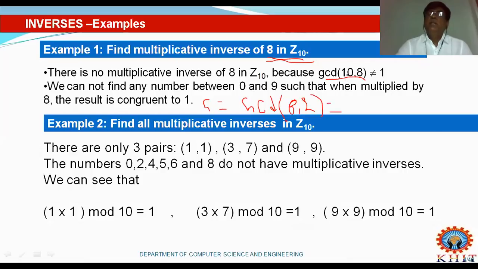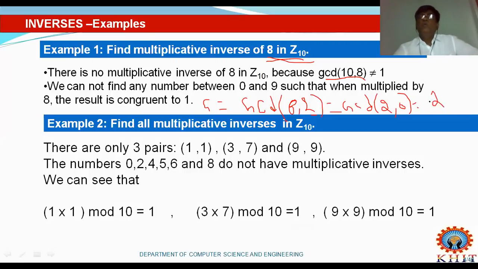So GCD of 10 comma 8 is equal to GCD of 8 comma 2. This can be written as GCD of 2 comma the remainder of 8 divided by 2. What is its remainder? 0. So this is equal to GCD of 2 comma 0, which is equal to 2.